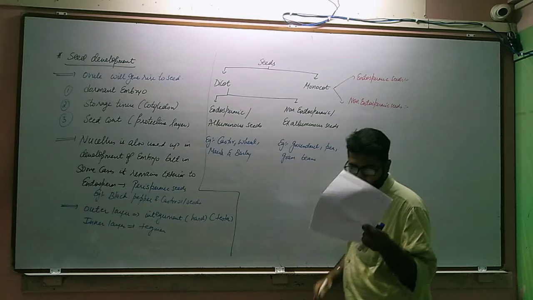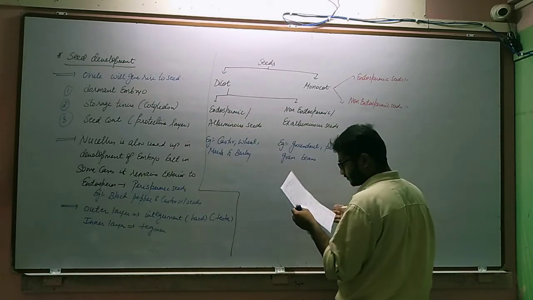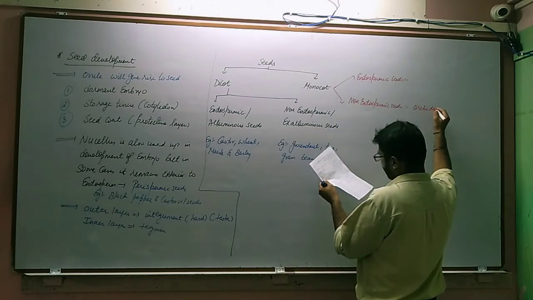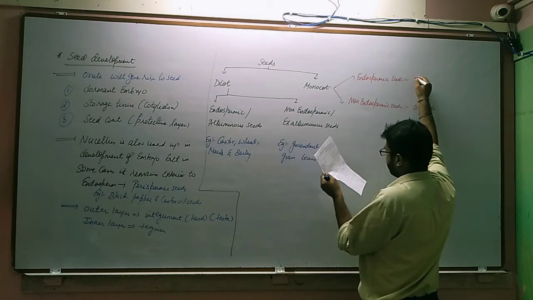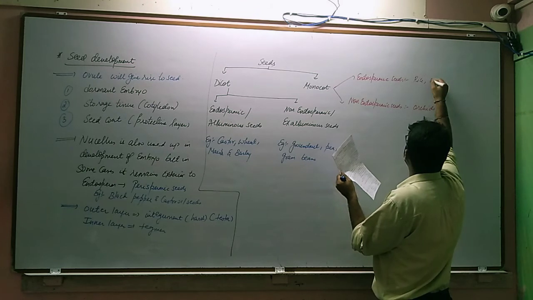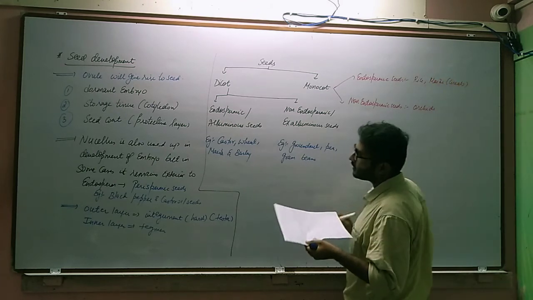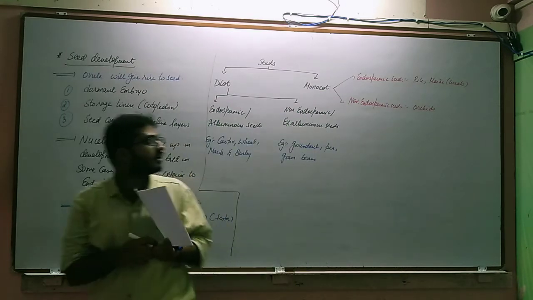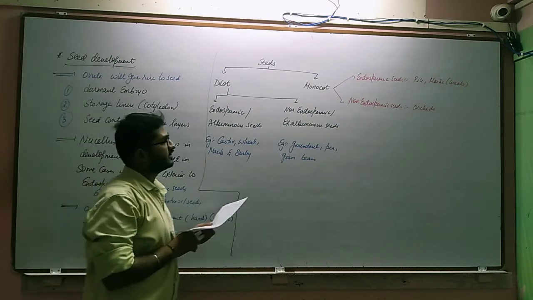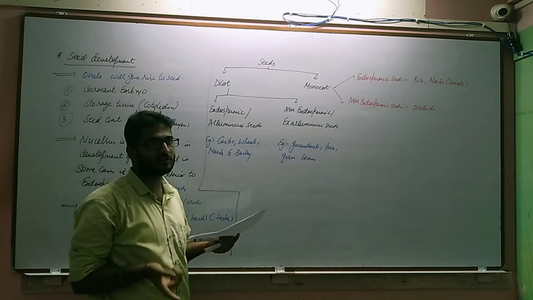A non-endospermic example is orchids, and endospermic examples include rice as well as maize. Generally the cereal family is included in the endospermic seeds, right? Now this is all about the division of dicot and monocot seeds into endospermic and non-endospermic seeds.